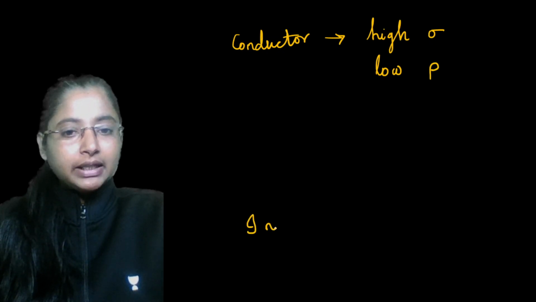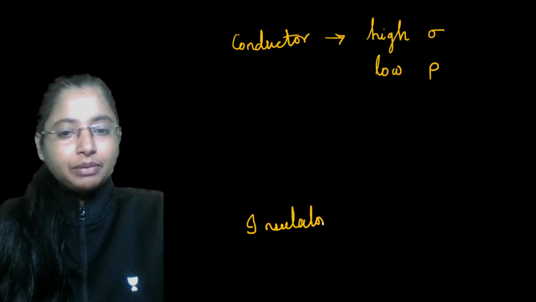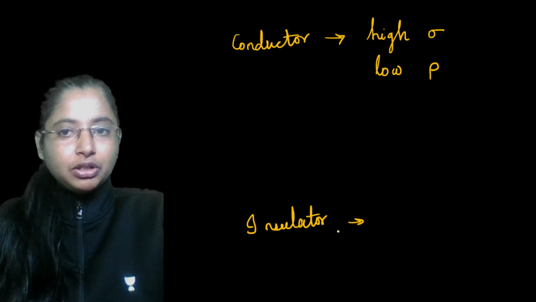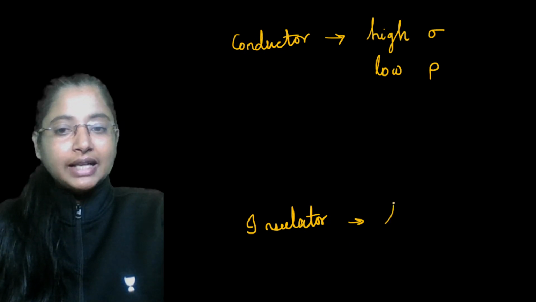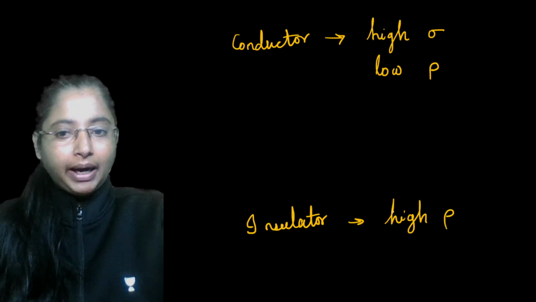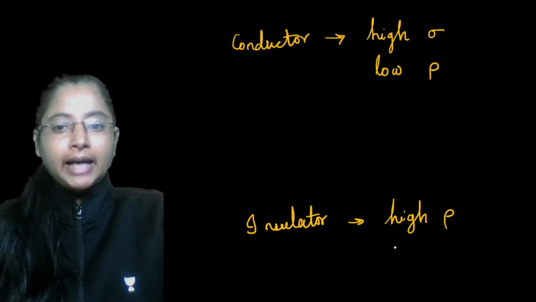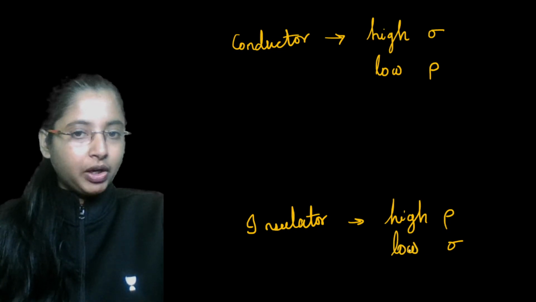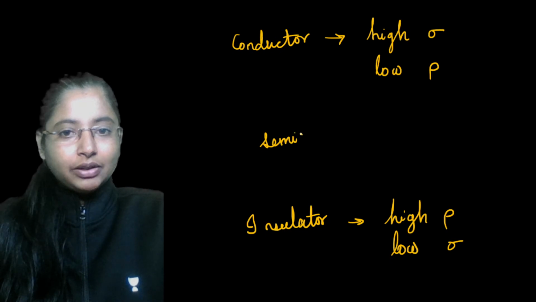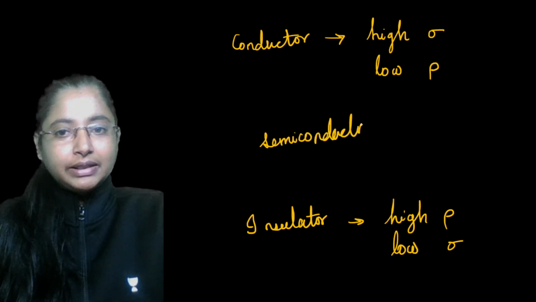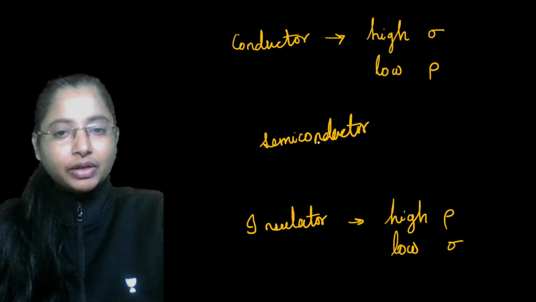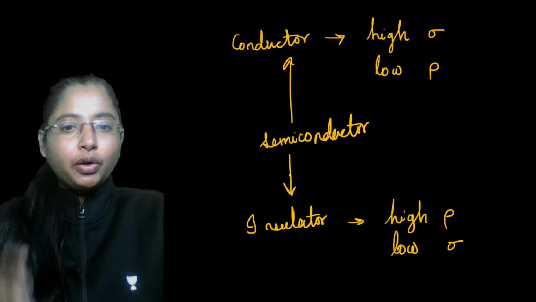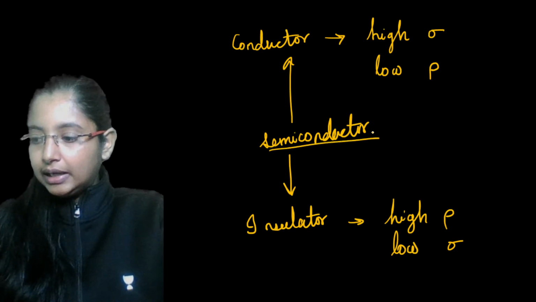If you take an insulator, something like wood, glass or air, the resistivity is going to be high but the conductivity is going to be low. It will not allow charges to flow through it easily. For semiconductors, the resistivity or conductivity lies between that of a conductor and an insulator. These are called semiconductors.